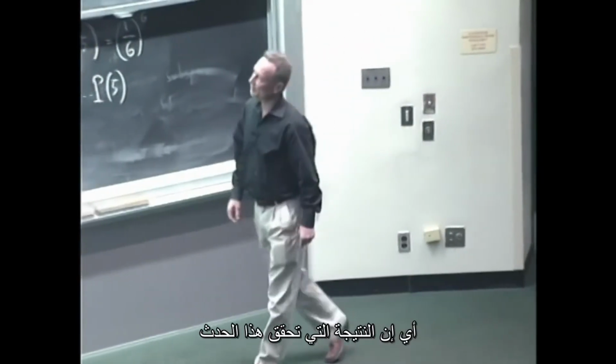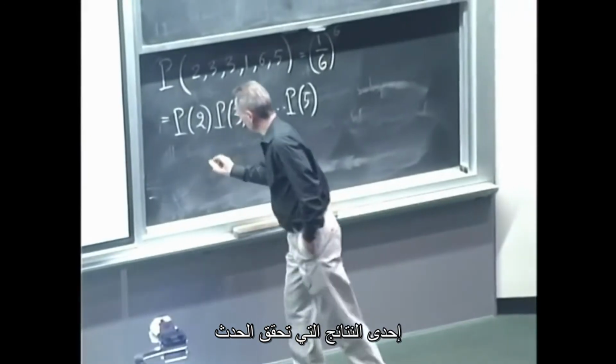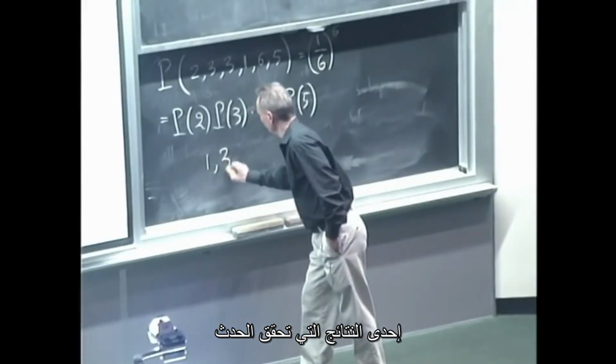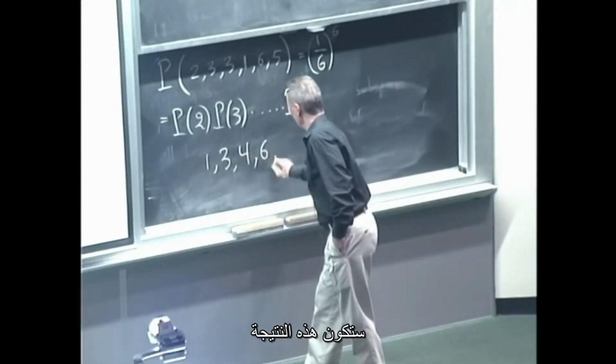So an outcome that makes this event happen is a list of the numbers from 1 to 6, but arranged in some arbitrary order. So the possible outcomes that make event A happen are just the permutations of the numbers from 1 to 6. So one possible outcome that makes our event happen would be this.